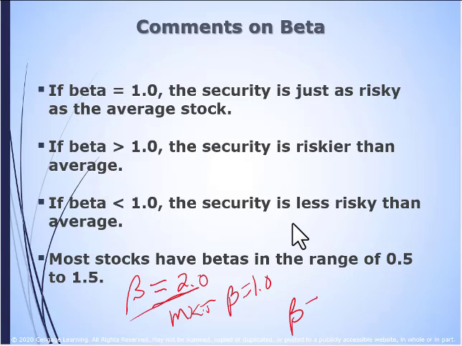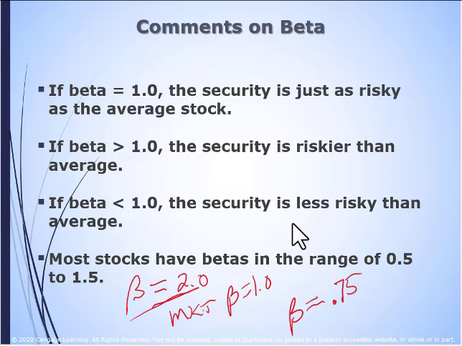What if its beta equaled 0.75? What this tells us is this company has 75% of the risk of the average asset in the stock market.